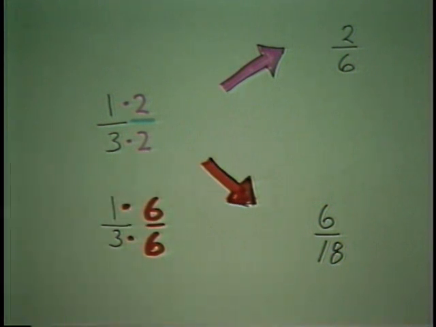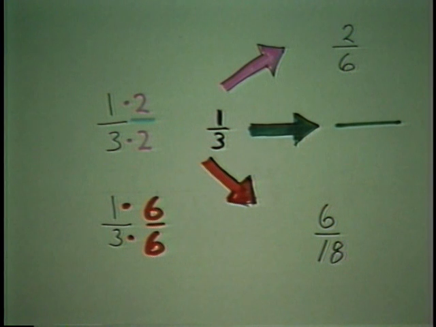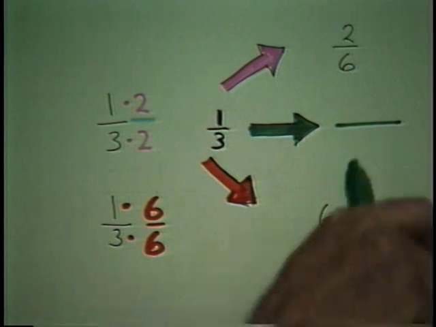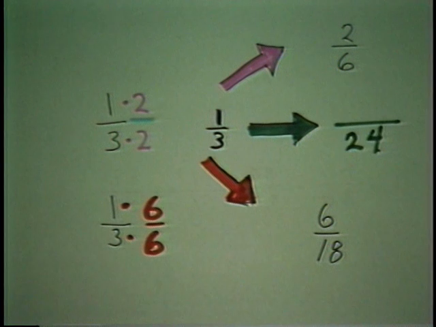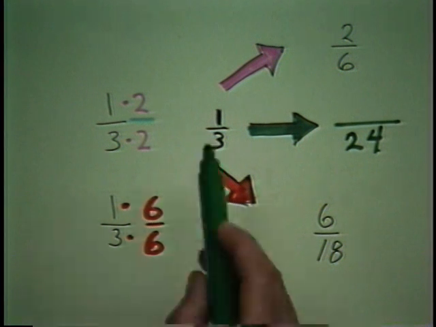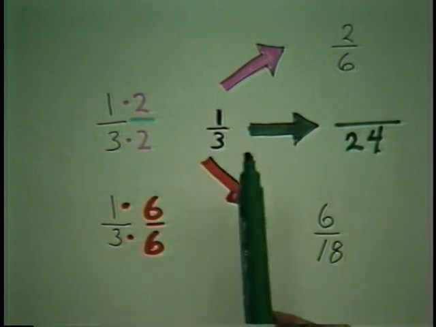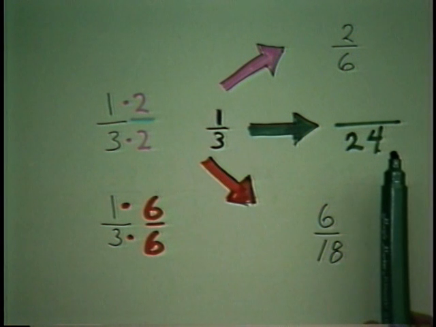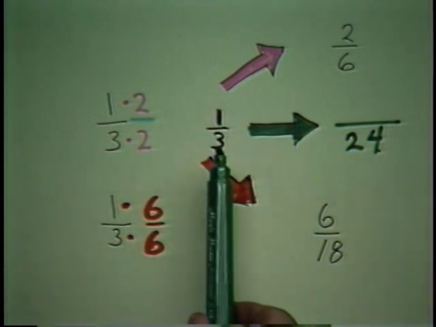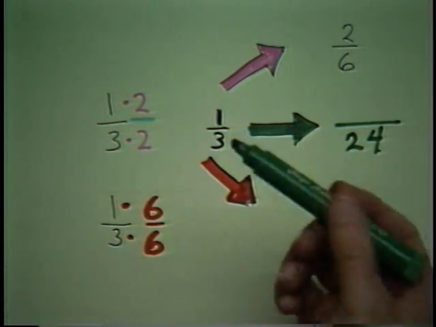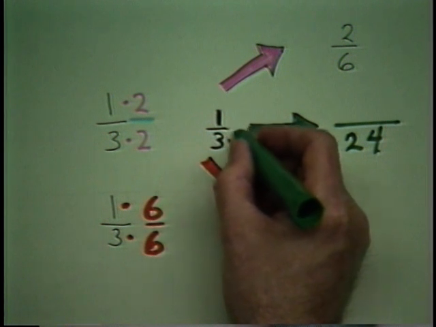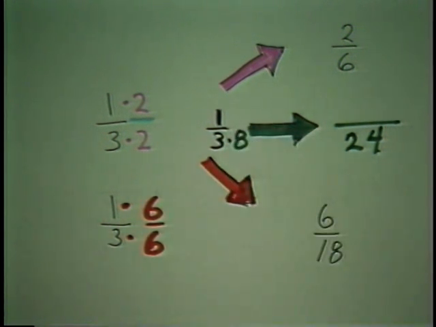For instance, what if I wanted to change the fraction 1/3 into another form of the same fraction, which would have a denominator of 24? Then the question merely becomes, since this denominator changed to 24, what would I multiply 3 by to get 24? And of course the answer to that question is 8.